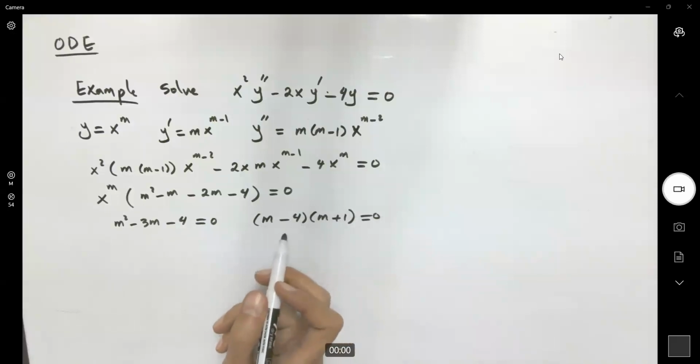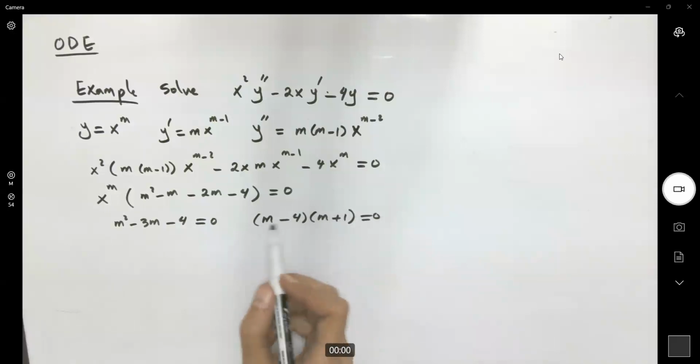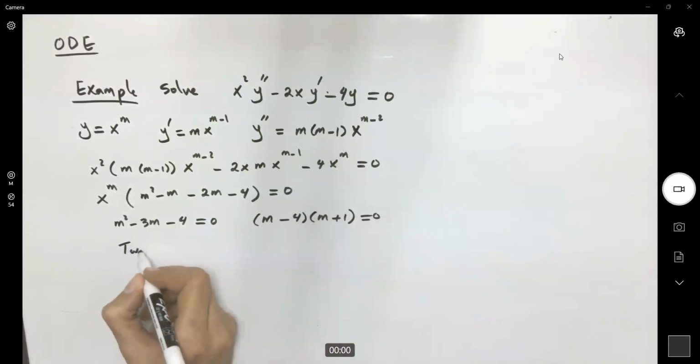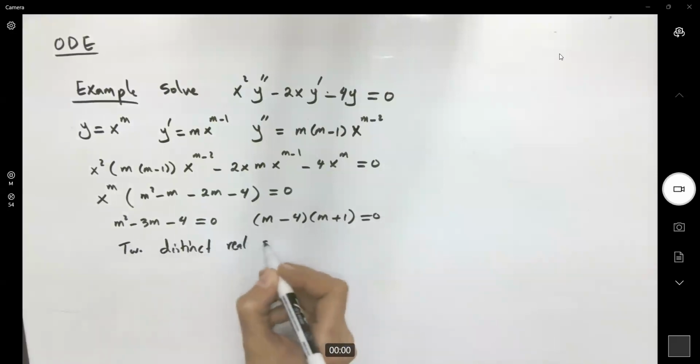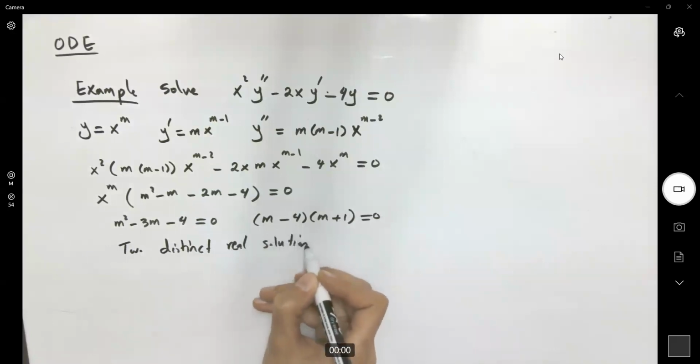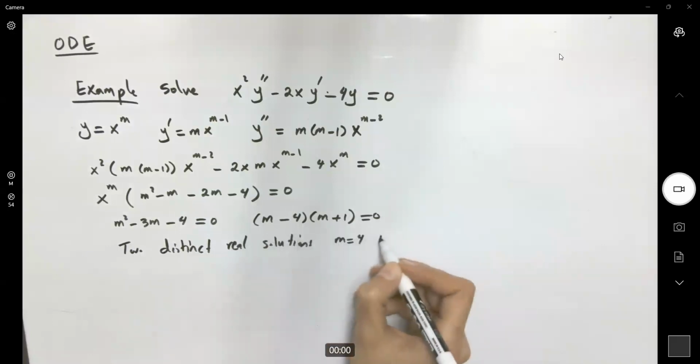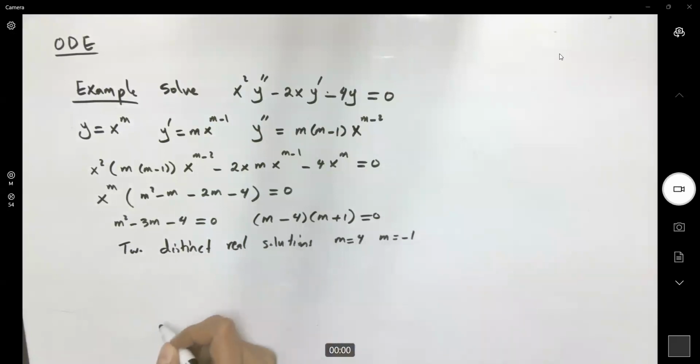As you can see, we have two distinct solutions. m is 4 and m is negative 1.